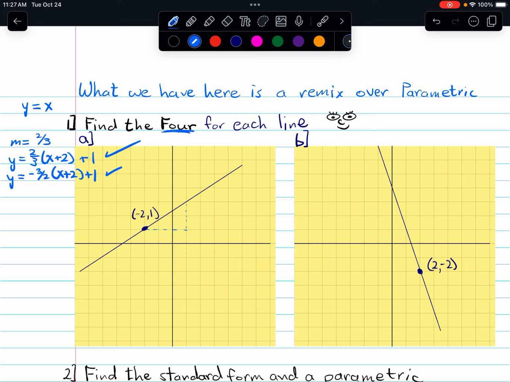So when we talk about the parametric form, remember we need a vector. And one vector that we could use would be just over 3 and up 2. We could use that vector. And then for the perpendicular vector, we could use 2, -3 if we wanted. Just swap the ordered pairs and change one of their signs. But what might make it easier for us is if we say the vector is going to be 1, whatever the slope is.